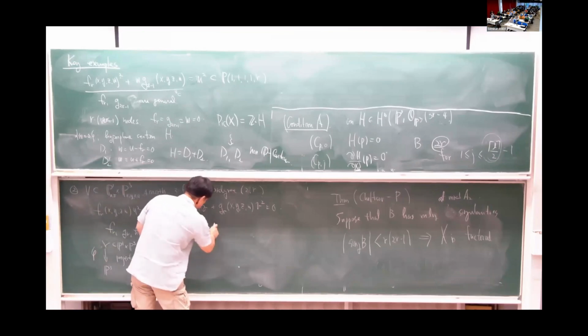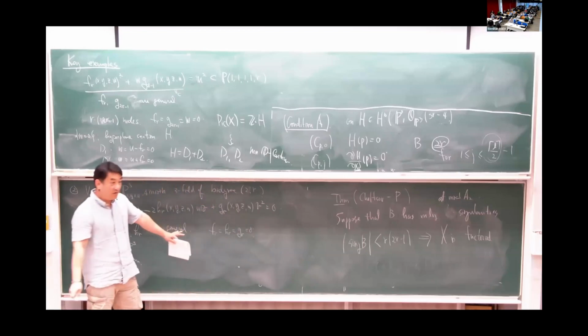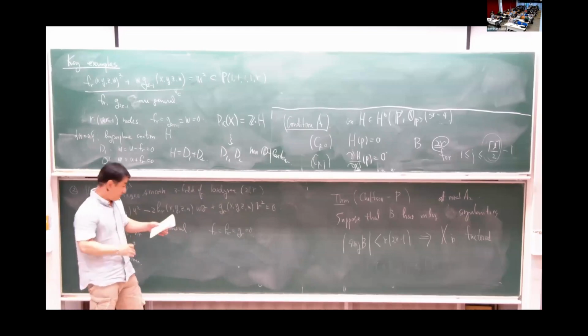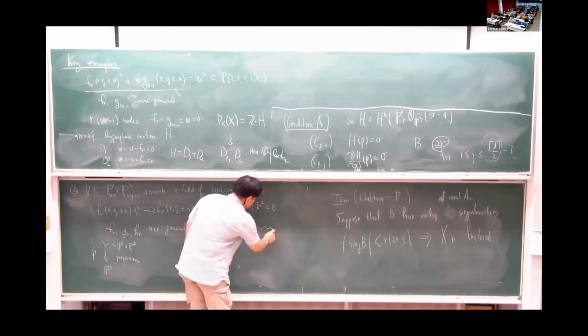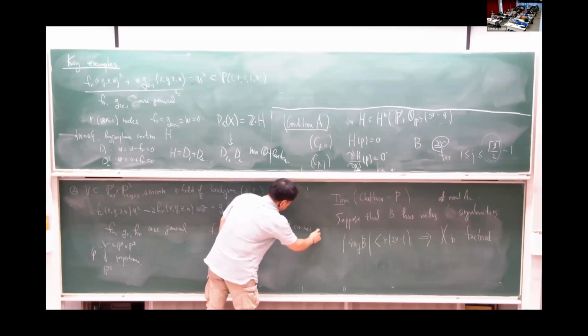So this r cubed comes from the others. So in P3, you have r cubed intersection points, and that defines the r cubed curves in V.